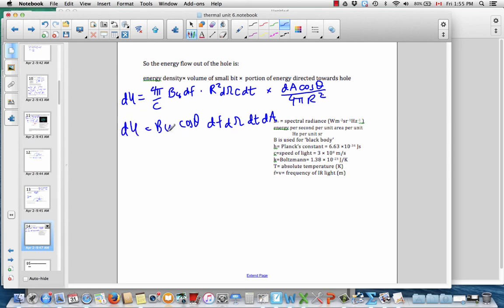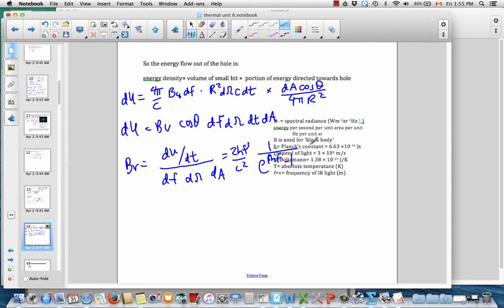So in other words, what is our Planck function? Well, our Planck function is how much energy you see per unit time, per unit frequency, unit solid angle, and then per bit of surface area, which is exactly what we claimed very early on in the course for our Planck function.